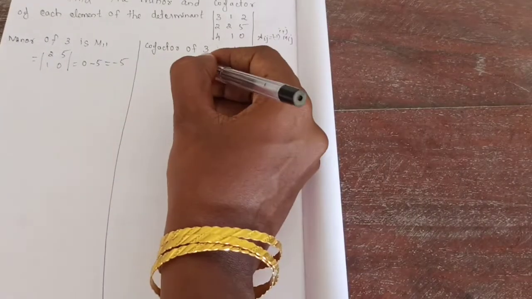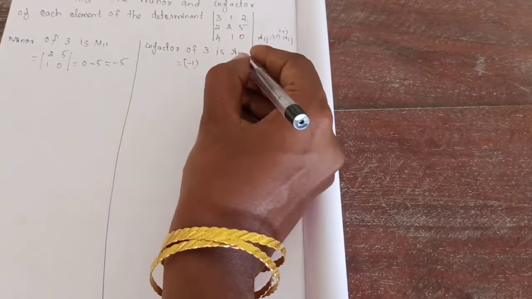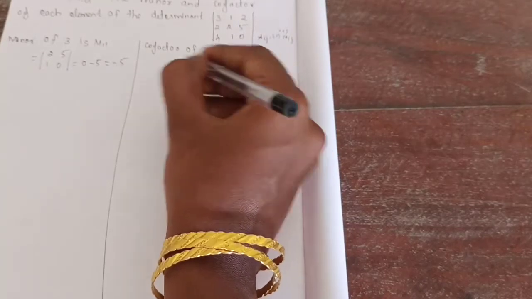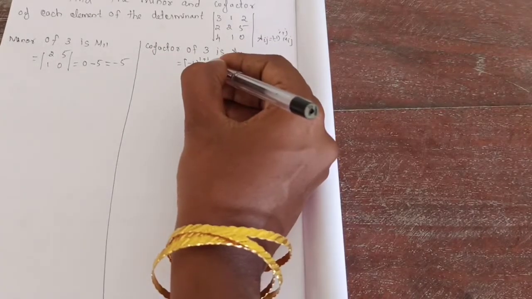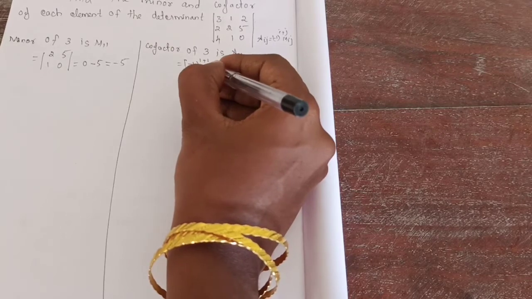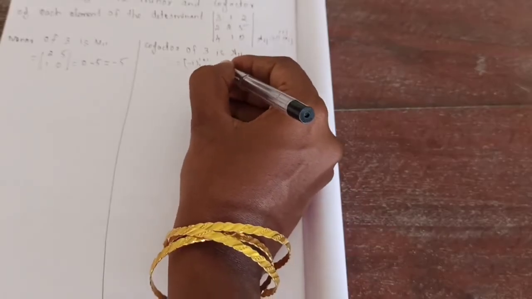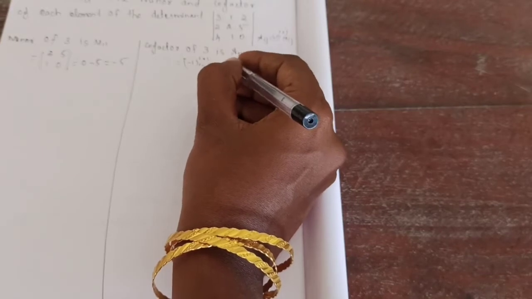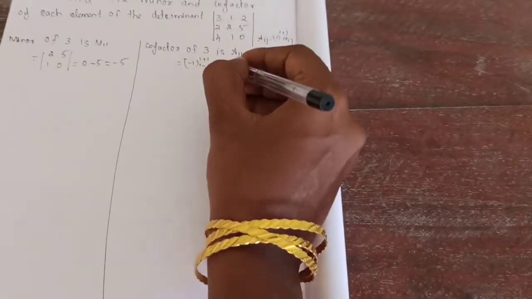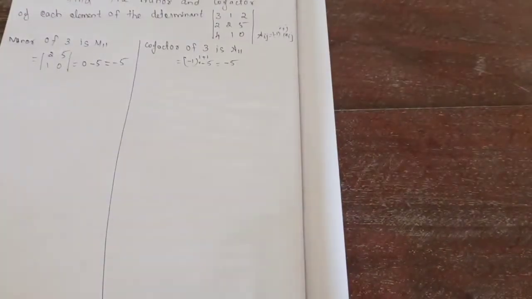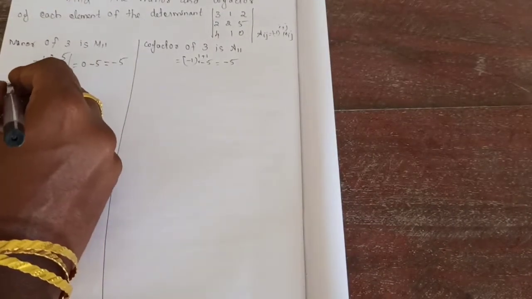So minus 1 the whole power 1 plus 1, times the Mij value of minus 5. Minus 1 the whole square means plus 1, so plus 1 into minus 5 is minus 5. Understand?